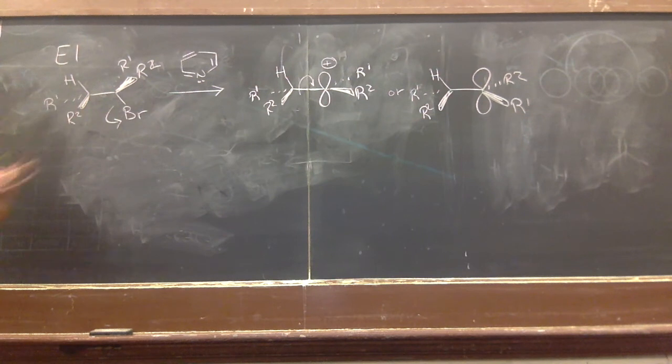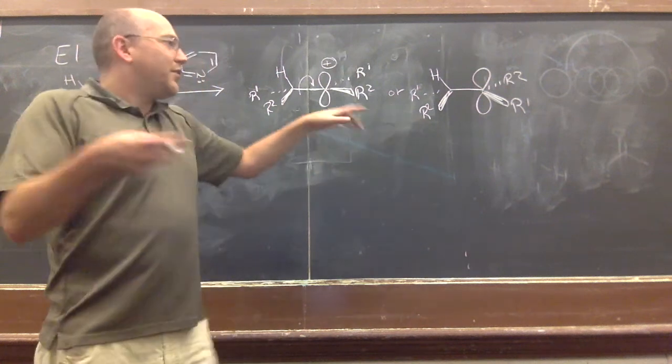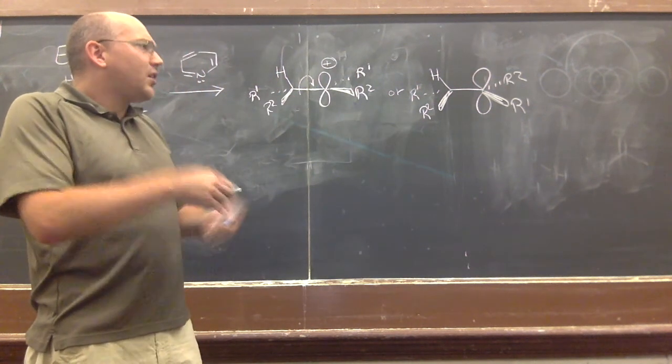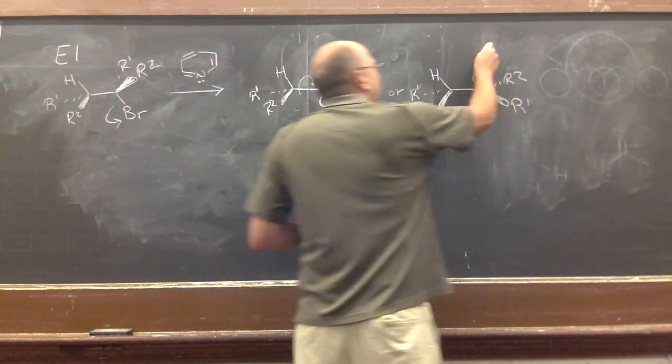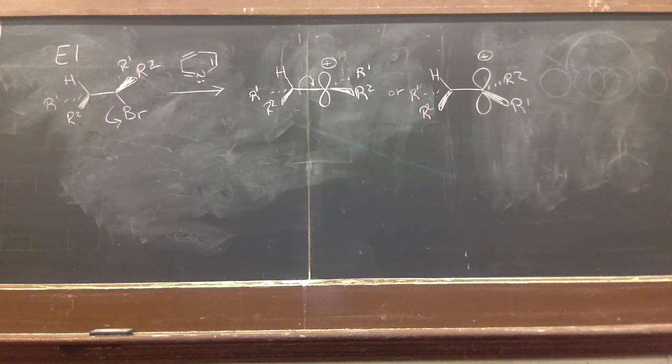But from the elimination standpoint, a lot of the things with E2, you have what's in essence two molecules that are simply rotational, just different configurations of the same molecule. But what you notice here is the subsequent step of the elimination, right? So the first step is the same as an SN1. The second step is an elimination.